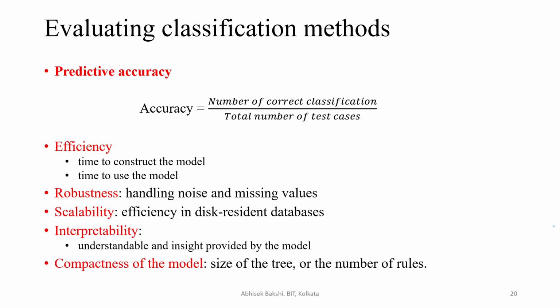This is what I have written over here: accuracy is the number of correct classifications divided by the total number of test cases. And not only accuracy is important, there are many other points. For example, robustness is also needed so that the model can handle noisy and missing values. What do noisy and missing values mean?